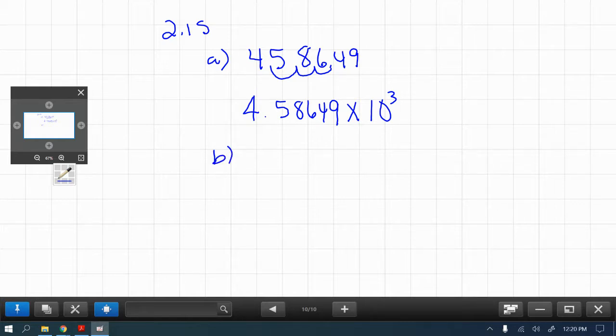B now wants that in a power of 10. Well, remember, technically they said this could be significant, but in powers of 10, I would go 1, 2, 3.